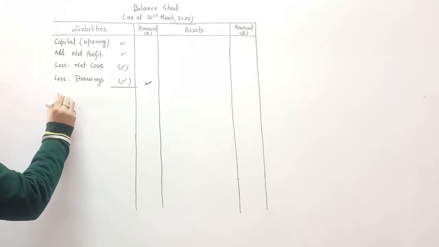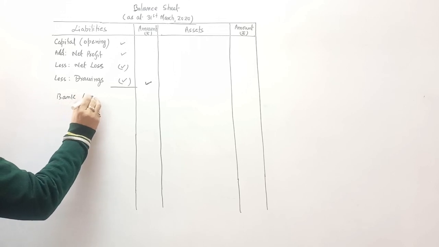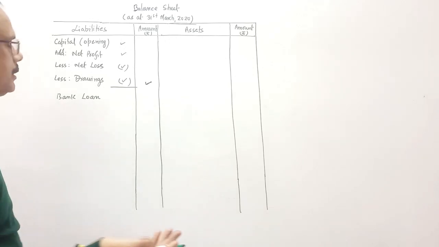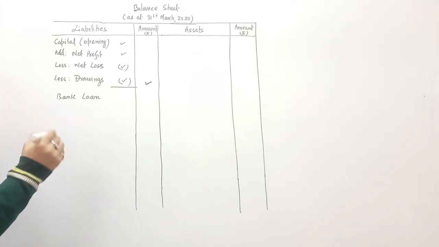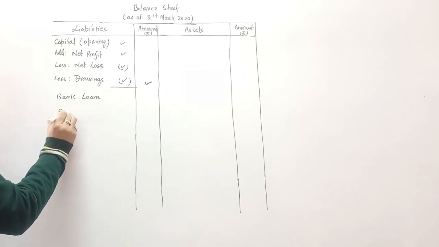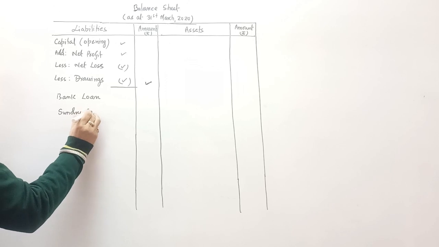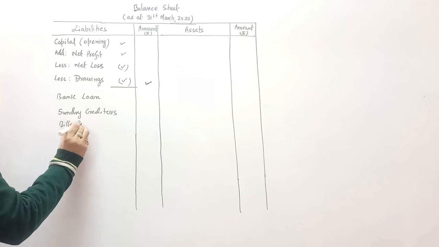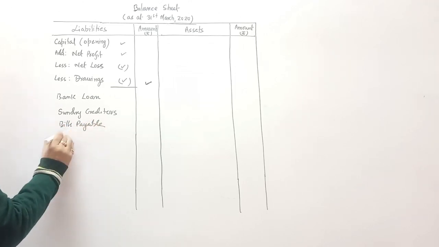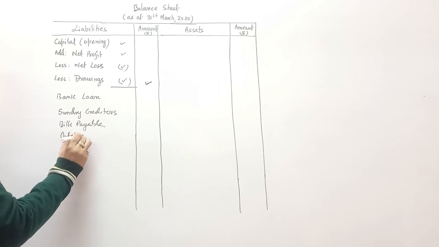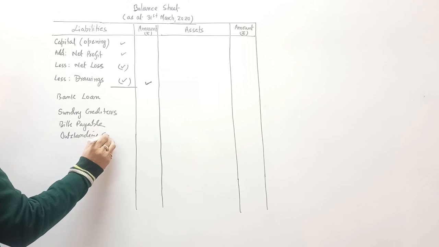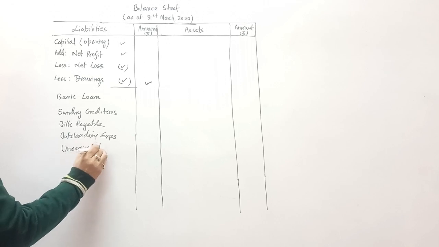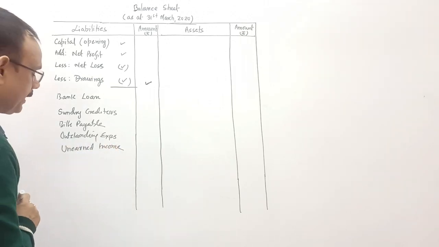Then any bank loan you have taken is a liability, an external liability. So write the bank loan over here, or loan on mortgage, or any other current liability if any, like sundry creditors, bills payable, which is a liability, outstanding expenses, unearned income, meaning income received in advance if any.